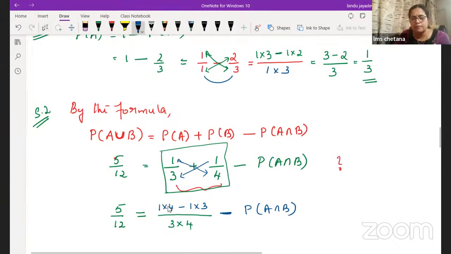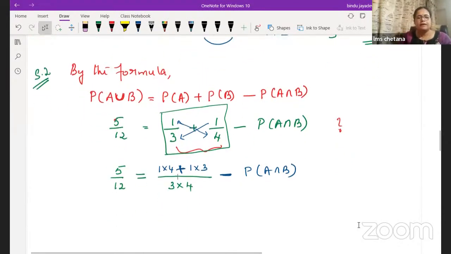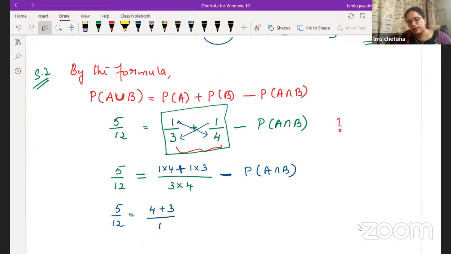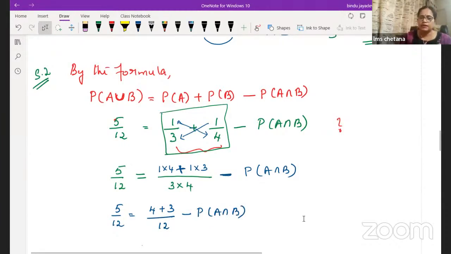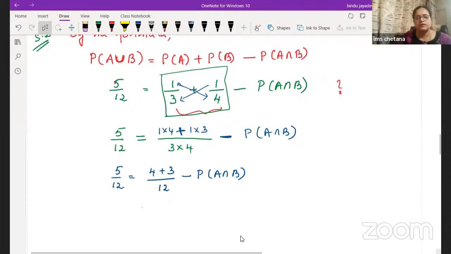Minus here plus, no? Plus, correct. Okay, then this 5/12 as it is equal to 1 into 4, that is 4 plus 3 divided by 12. 3 into 4, 12 minus probability of A intersection B. Okay, now next step.